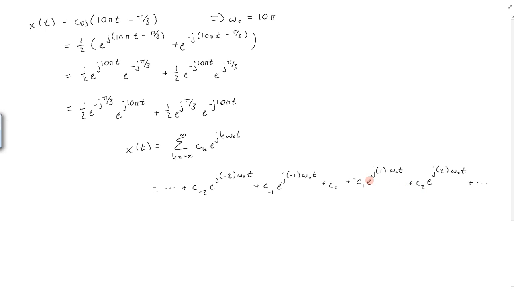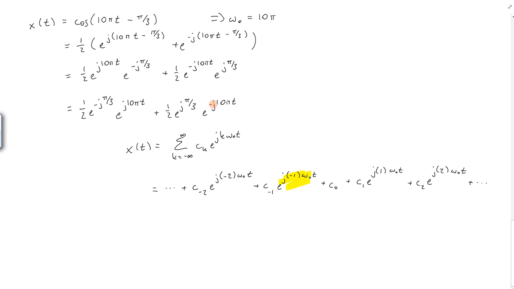Well, we know omega naught is equal to 10 pi, so we can just match terms between this equation and this equation over here. What we find is that if we're looking at the minus 1 term, well, this is equal to e to the minus j 10 pi t.